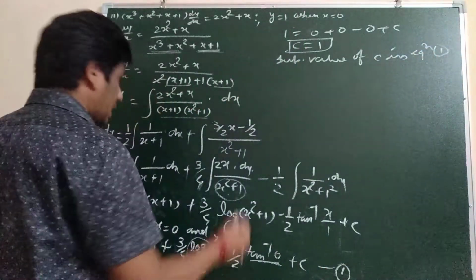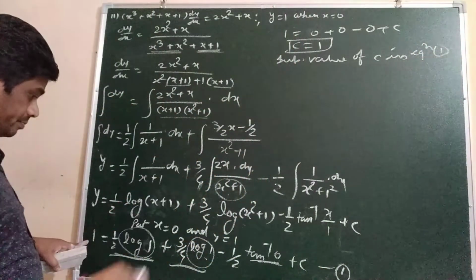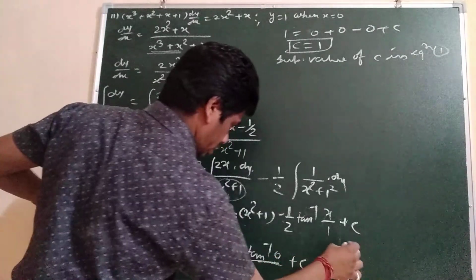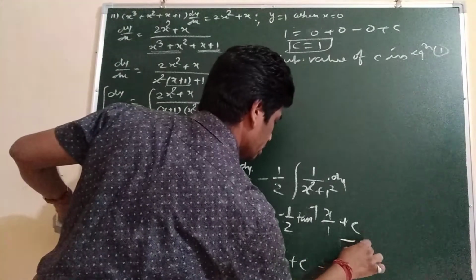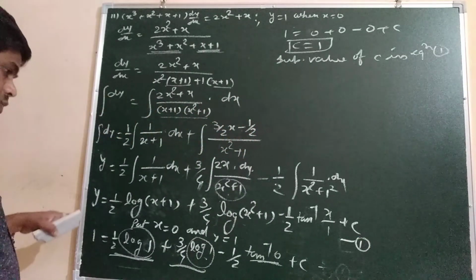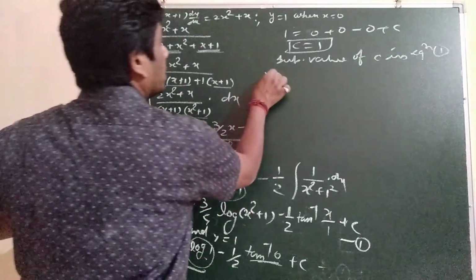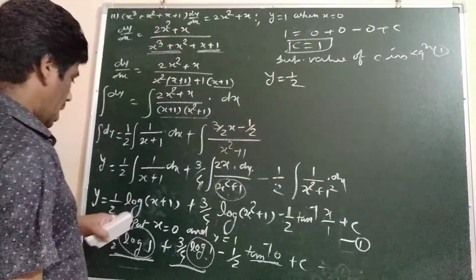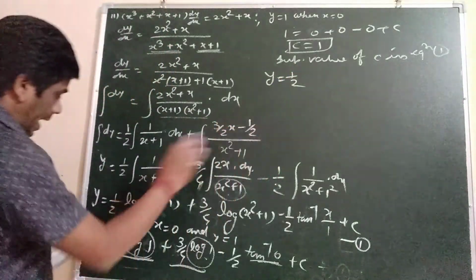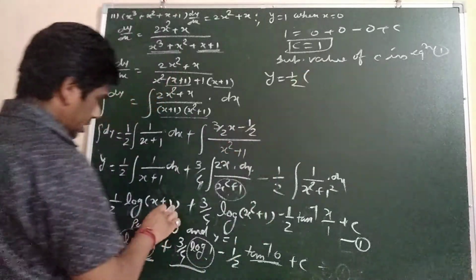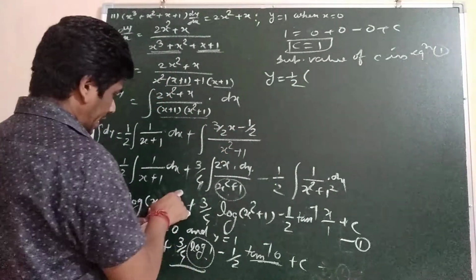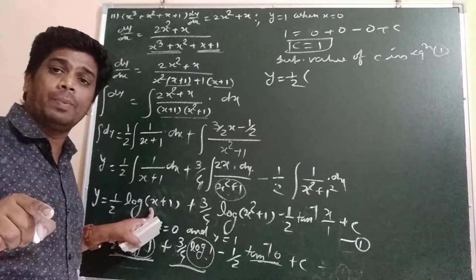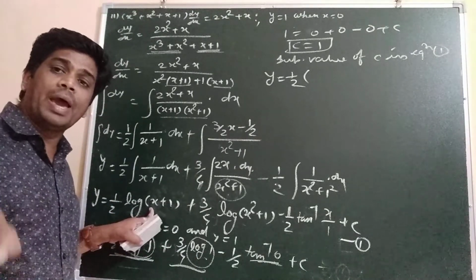So you will get here, in the equation, this c is 1. So we will get y equal to 1 upon 2. Here this 1 upon 2 we can take in the next step in the exponent, because m into log of n will be log of n raised to power m.